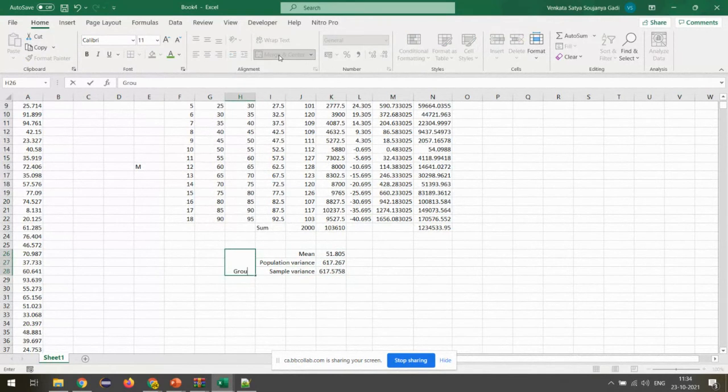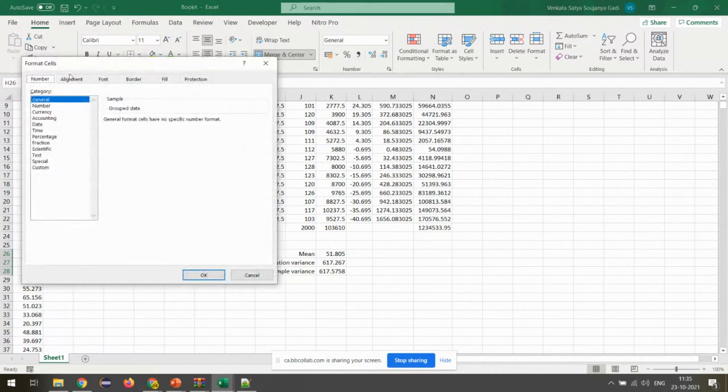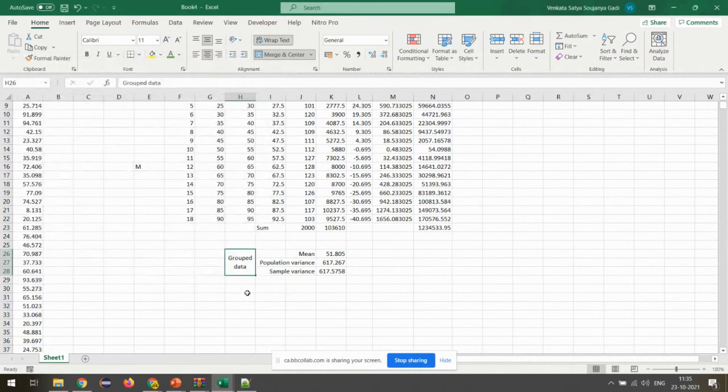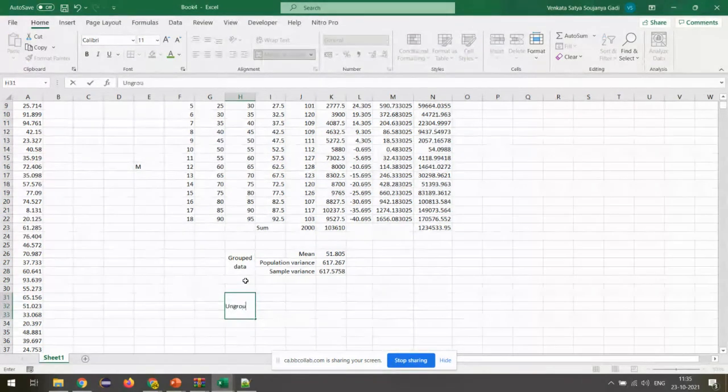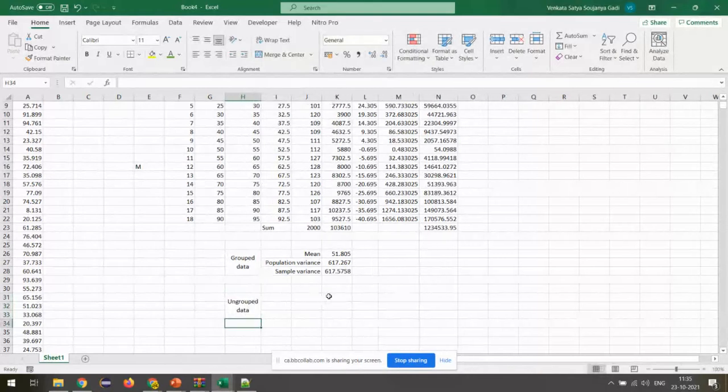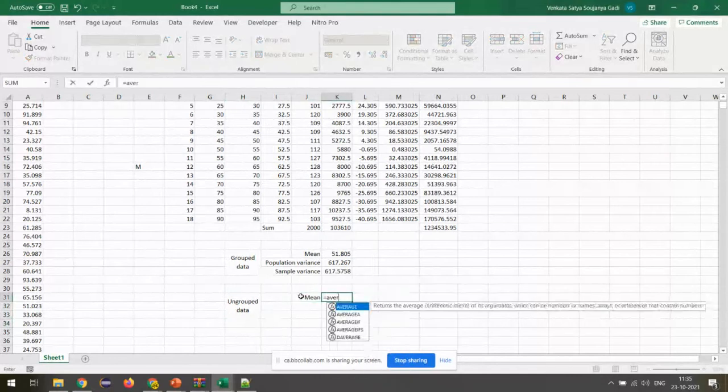This is for the group data. For ungrouped data, what we can do is, let's calculate the mean, which is average.